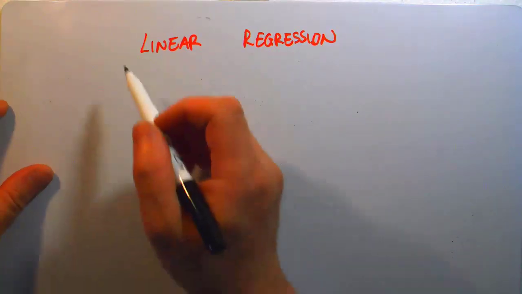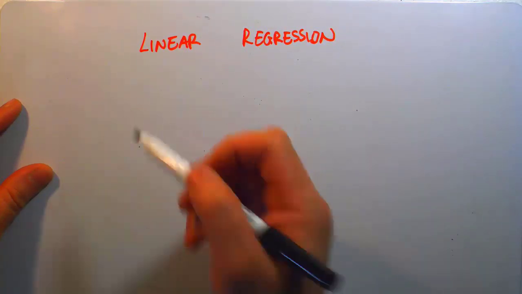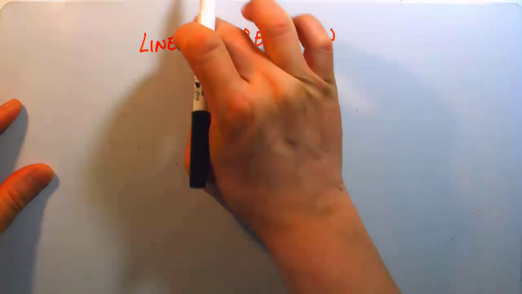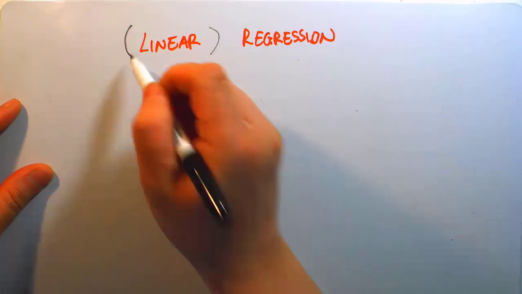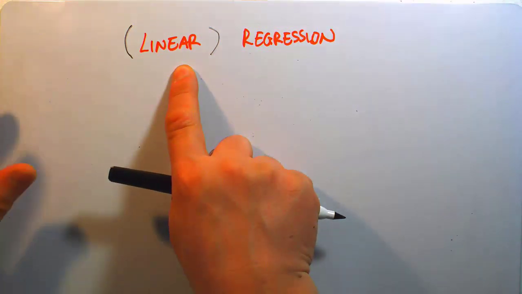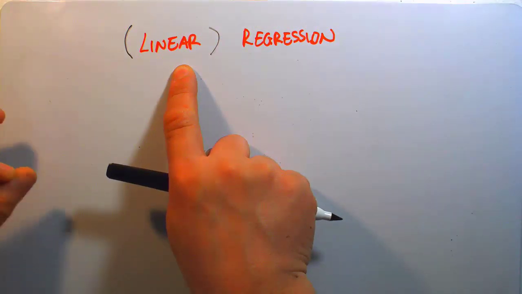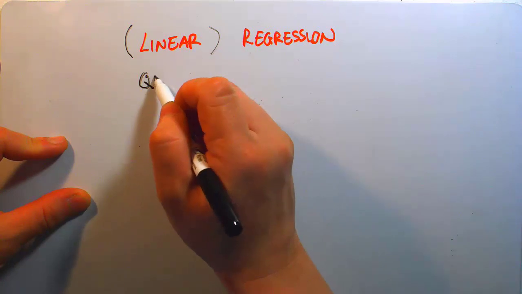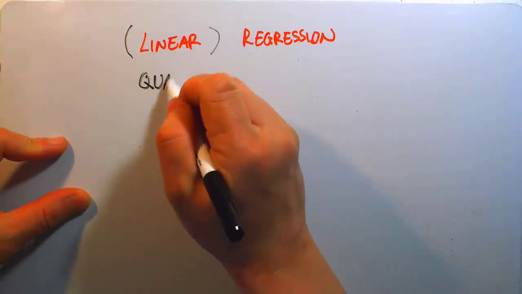Now after what I just explained, that opens up a couple of other options. After viewing this video you might start wondering: outside of linear, because algebraically the line is not the only equation we have, will there be times when we make a prediction model that uses a quadratic?